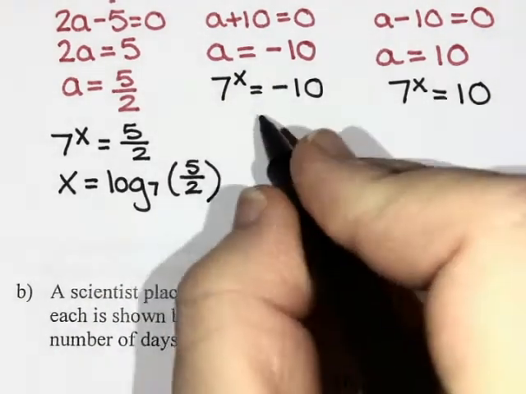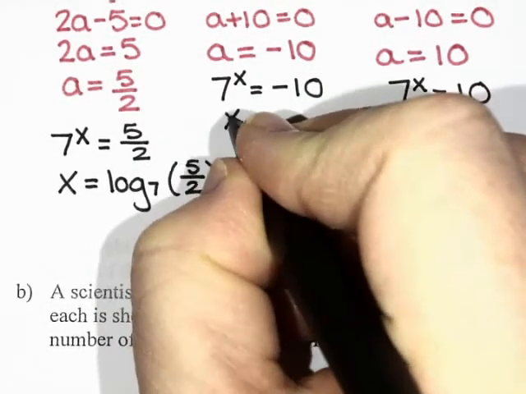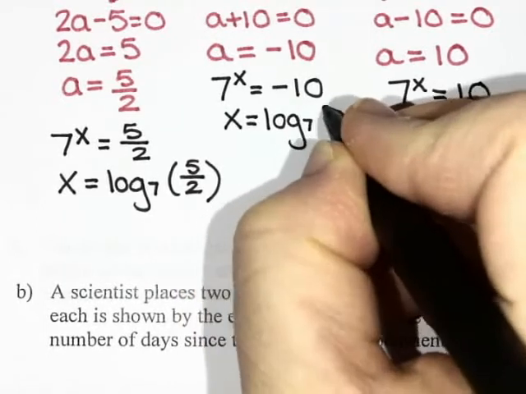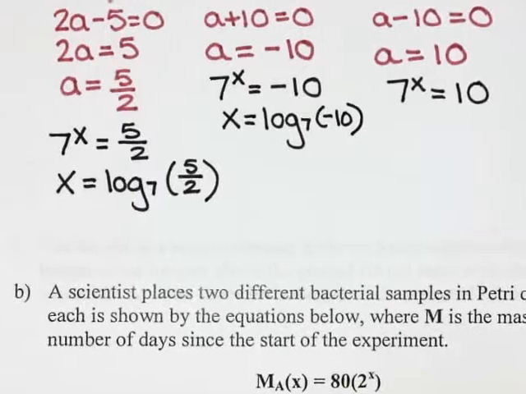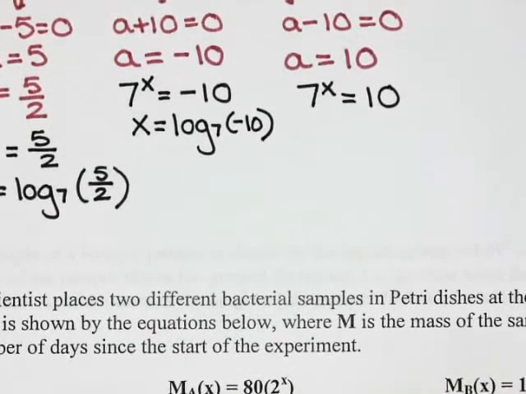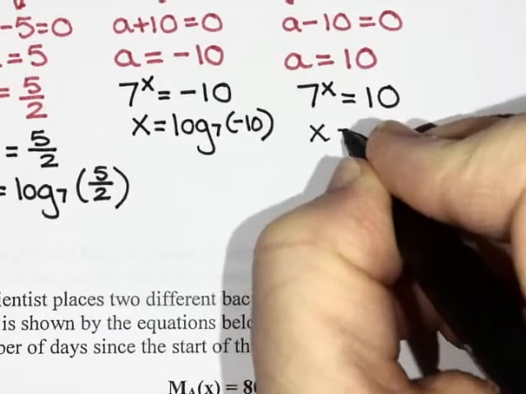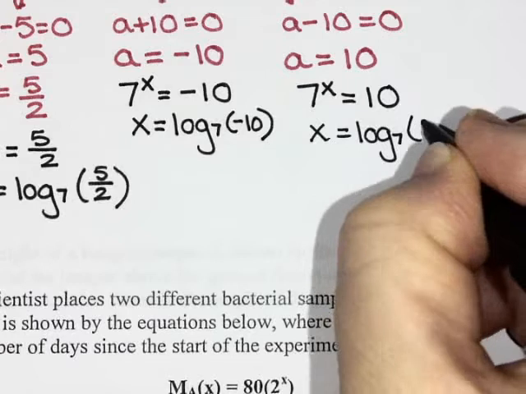For this one here, 7 to the x equals negative 10, that's going to give me x equals log base 7 of negative 10. We need to talk about that answer in a second. And then for this one, I'm going to take this power of 7 to the other side by doing log base 7 of 10.